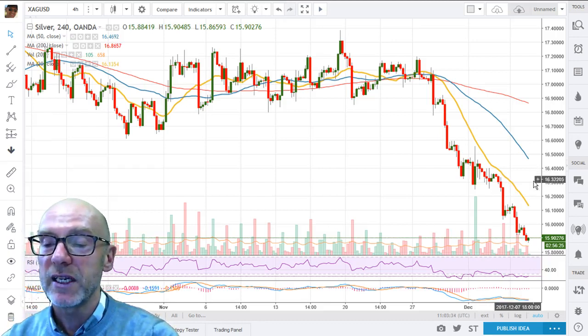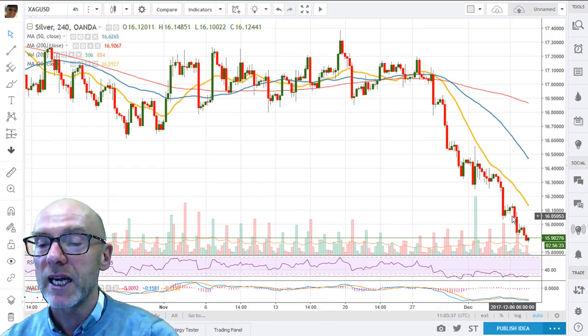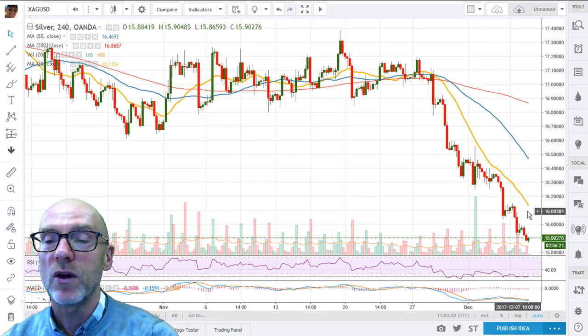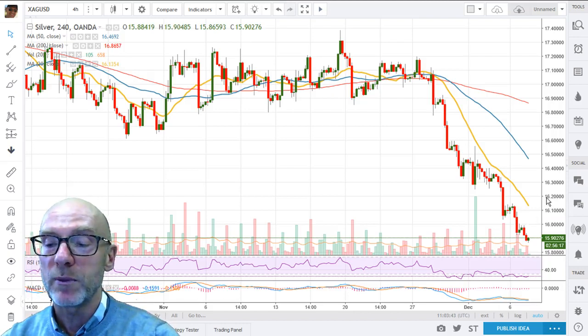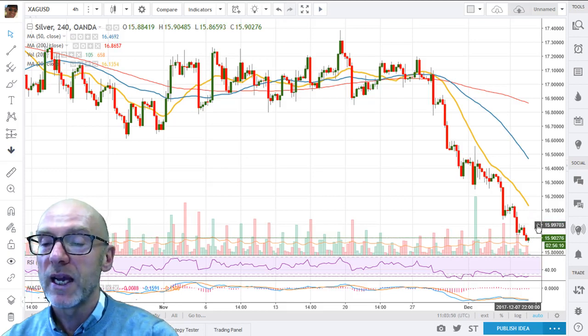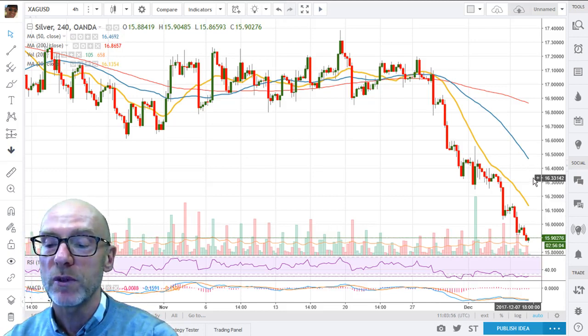Then the 50. When you have a decline like this, it will take time for a bottoming period, as people get used to the new lower levels. It won't be an immediate bounce, and on this 4-hour, again, the 1650 level would be hard pressed to push up through on any short-term bounce.